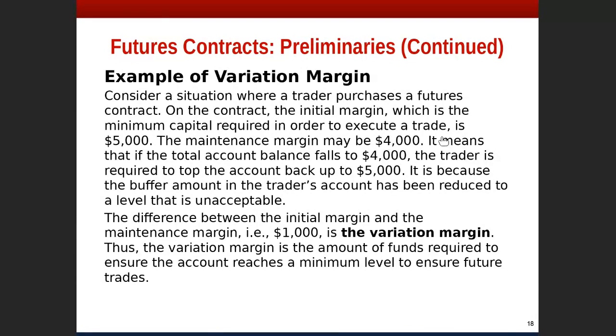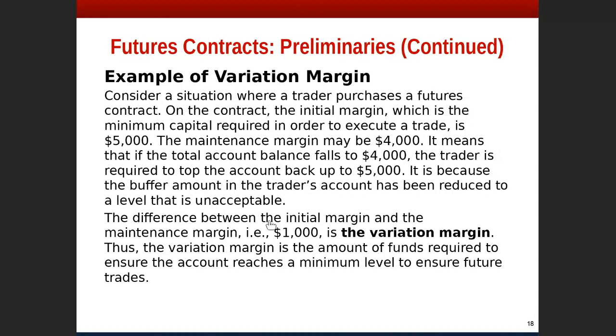It means that if the total account balance falls to 4,000, the trader is required to top the account back up to 5,000. It is because the buffer amount in the trader's account has been reduced to a level that is not acceptable.